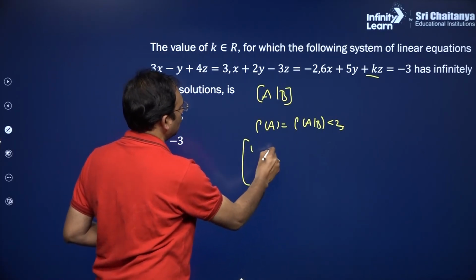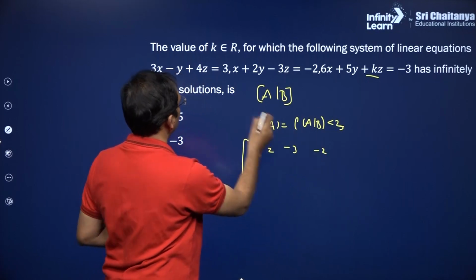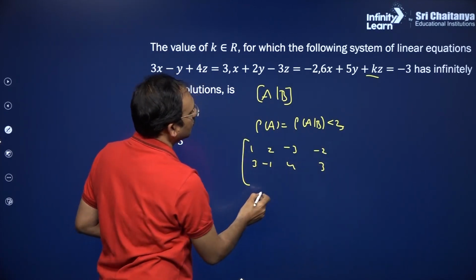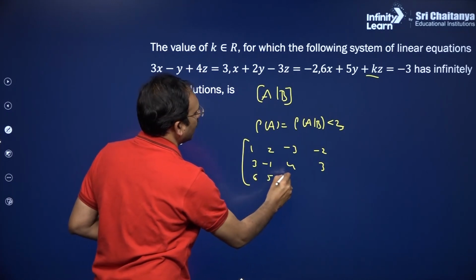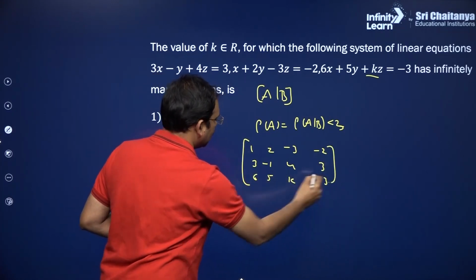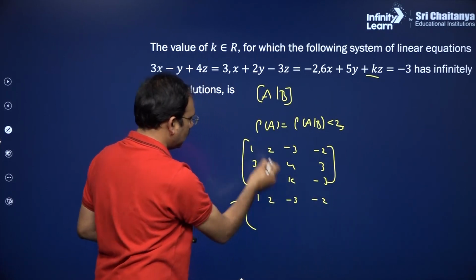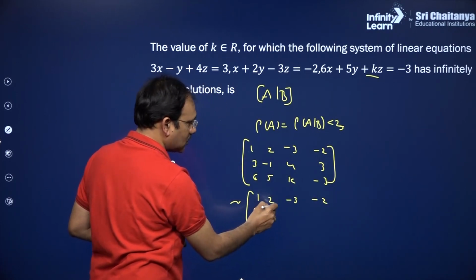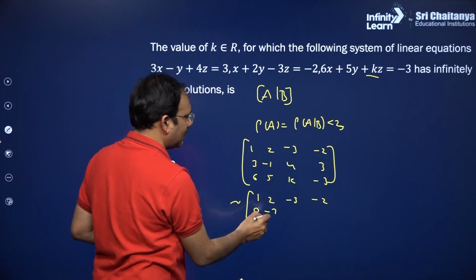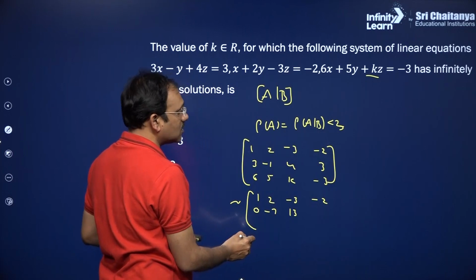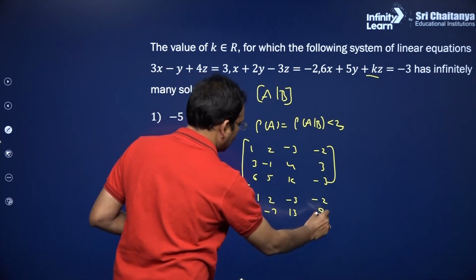So this is 1, 2, minus 3, minus 2, second one 3, minus 1, 4, 3, third one 6, 5, K minus 3. You just apply, my dear friends, 1, 2, minus 3, minus 2, triple and subtract. This is minus 7. This is 9 plus 4, 13. This is triple is 6 plus 3, 9.